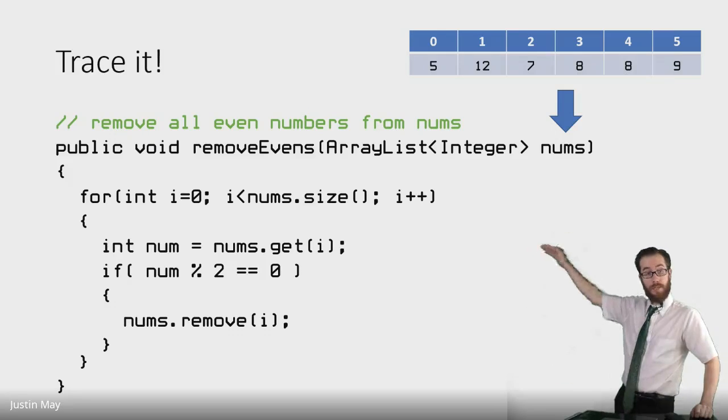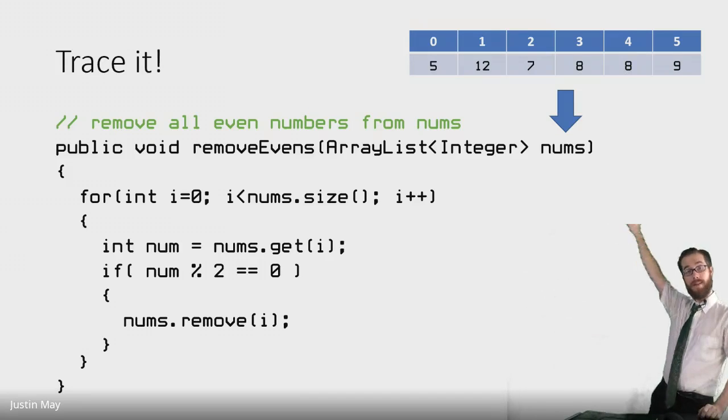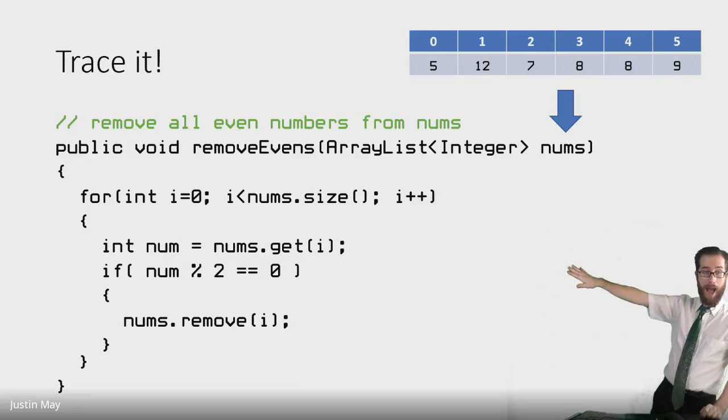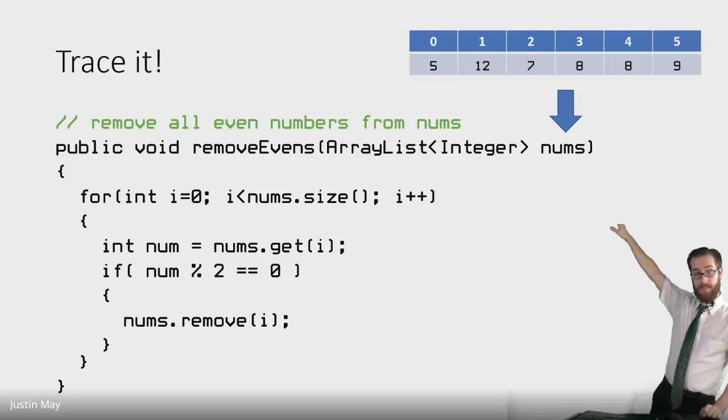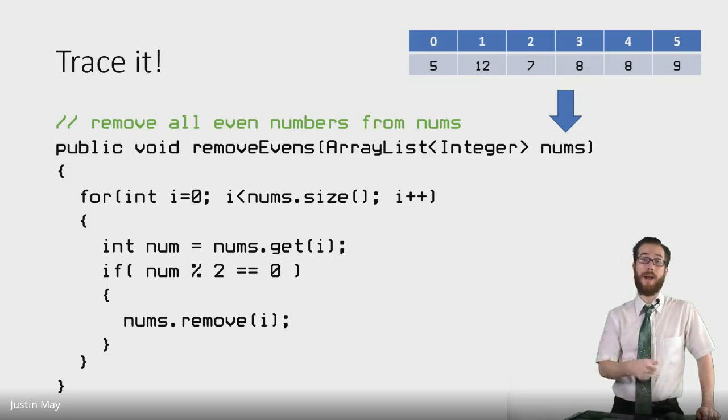Actually look at each line of code, see what it does, and how that affects the state of the program. How does that affect i, num, and this list nums? What's changing? Do what the code tells you to do, not what you think it's supposed to do. And that will make sure you get the right answer and not just an answer.